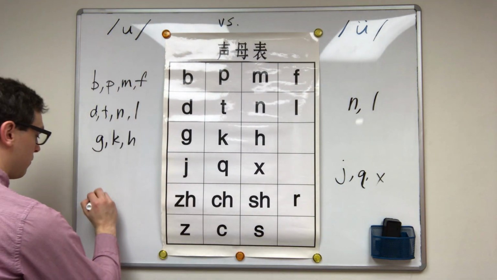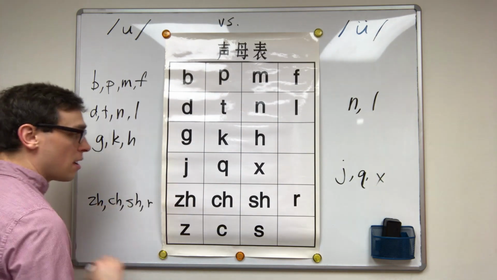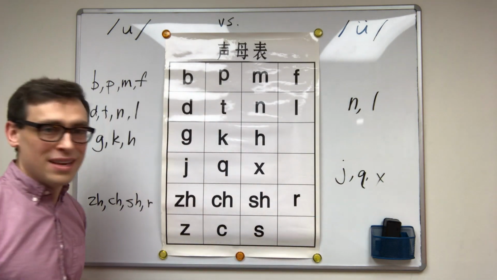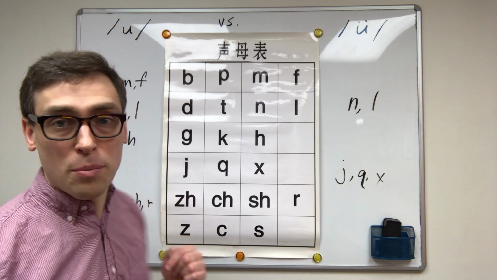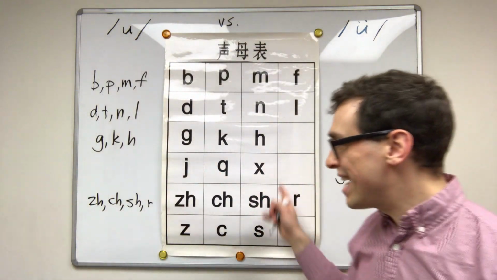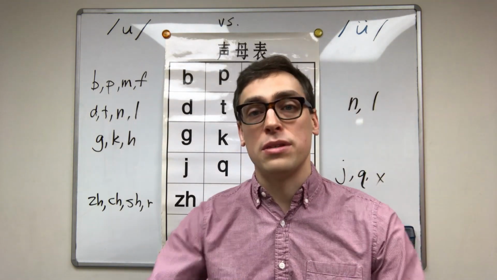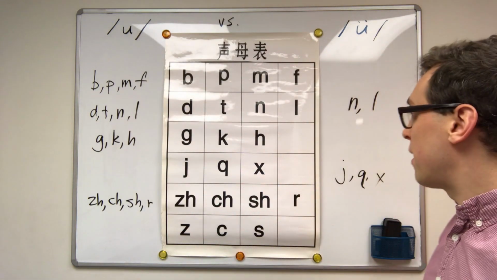Next line, kind of the opposite from the previous line. They all work here with u. None of them work here with ü. If you try to pronounce this initial and connect it with this, it starts to sound like a ü. At least that's what it does for me as someone with some experience with Mandarin.